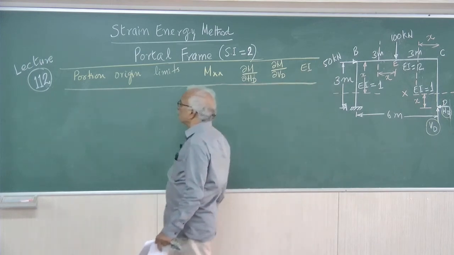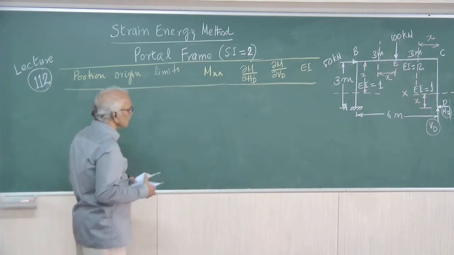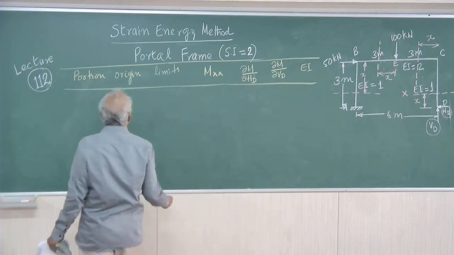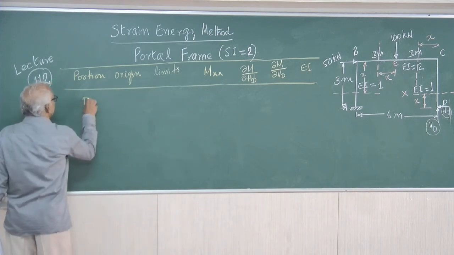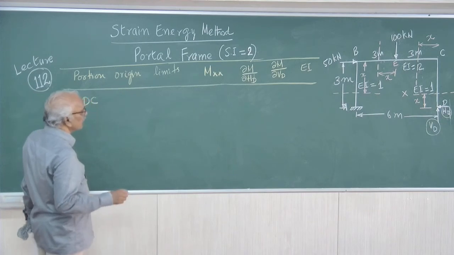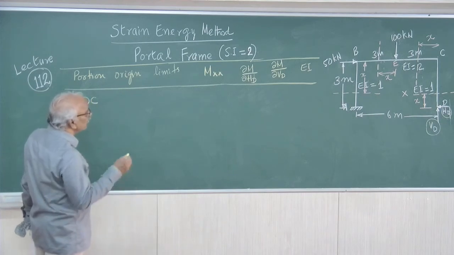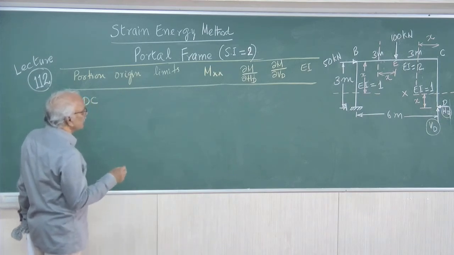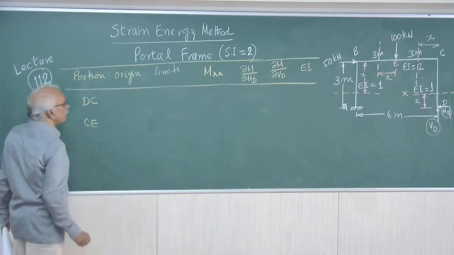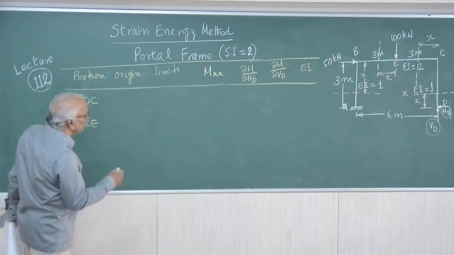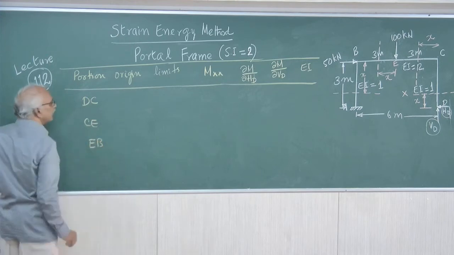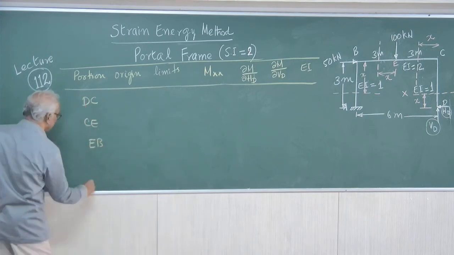So, we have taken 4 sections. Sections are DC, one member, one portion, D to C, because in between D and C there is no load. Then C to E, because at E there is a point load, therefore, the next portion is that of CE, then EB, and then BA.